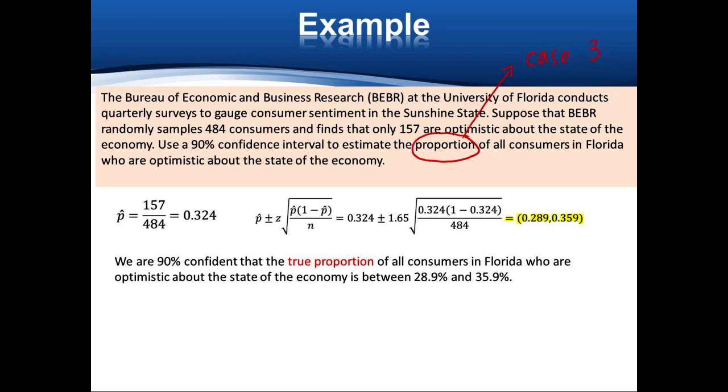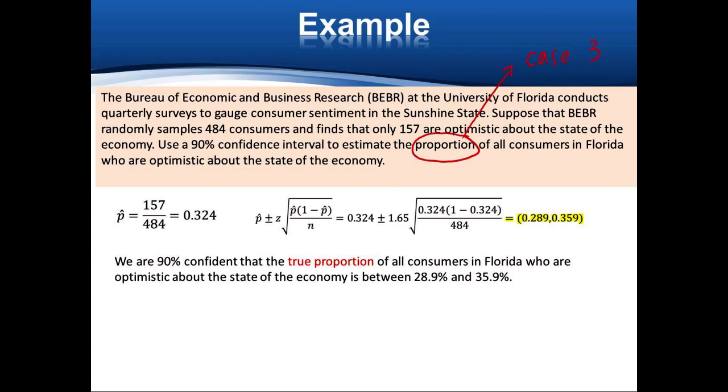So this is considered case 3, the large proportion problem. And we need to find p-hat. P-hat is the sample proportion, which equals x, the number of successes, divided by n, the total number.